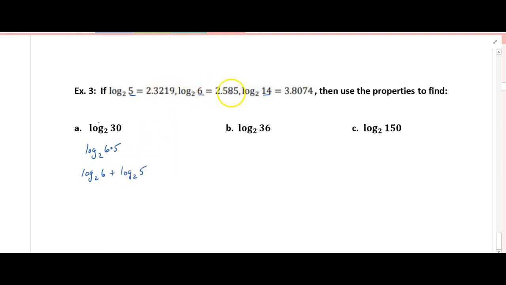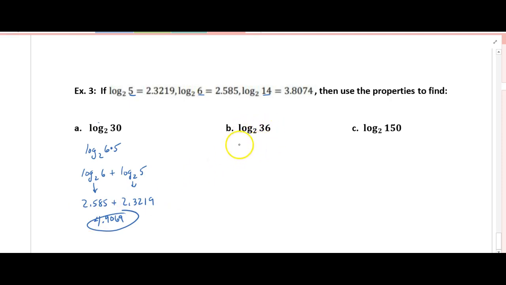And right now, log base 2 of 6 is equivalent to 2.585 plus log base 2 of 5 is 2.3219. And if you go ahead and add those together, 2.585 plus 2.3219 gives you 4.9069, and we are done.